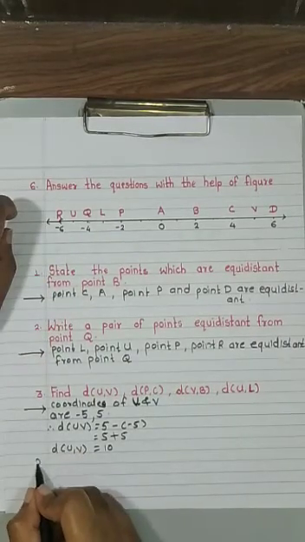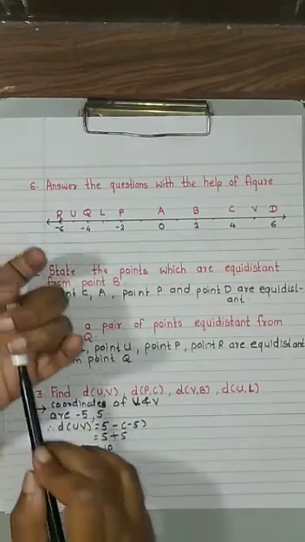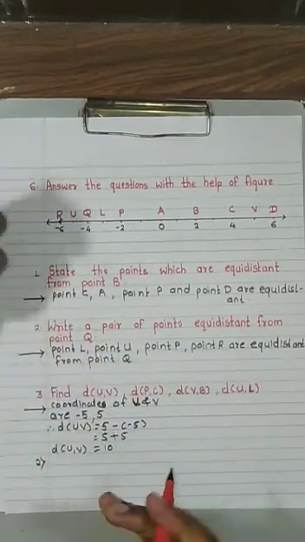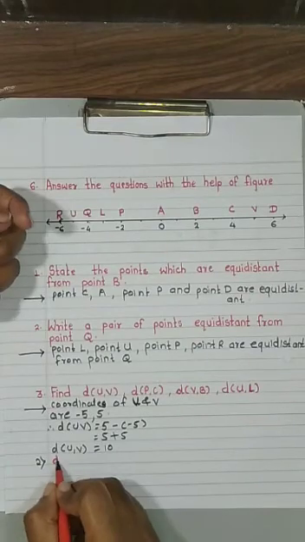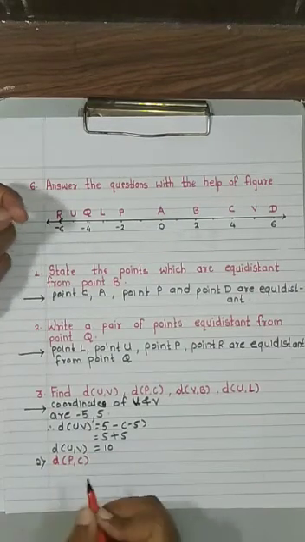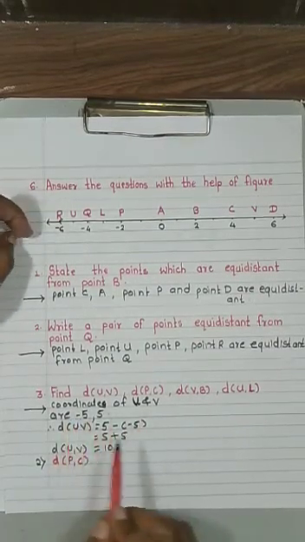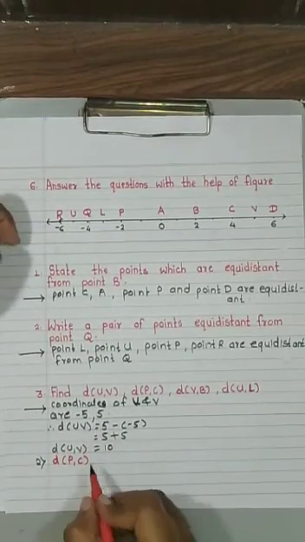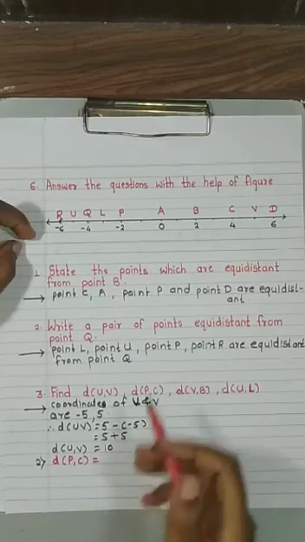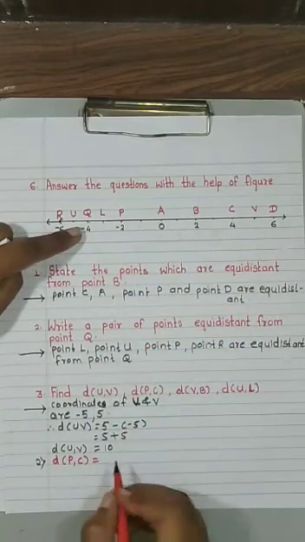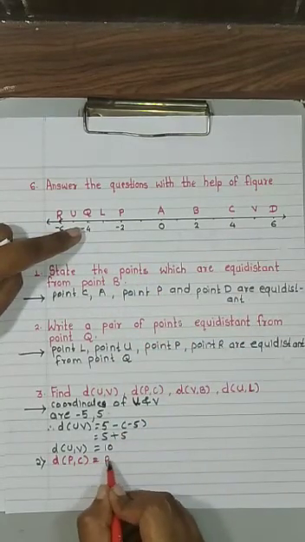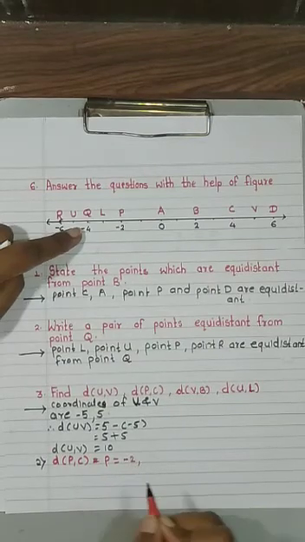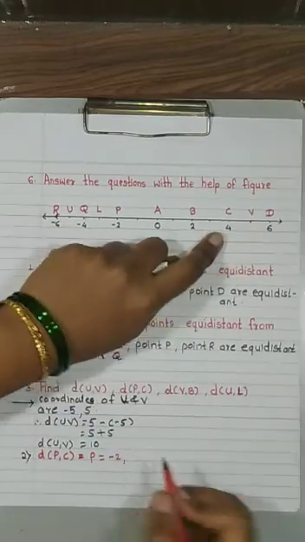Now second one, I'll write it with red pen. Second one, distance PC. Now you have to write the coordinates of P and C, and then solve it. I'll write it down directly. Now you can see P is -2 and C is 4.